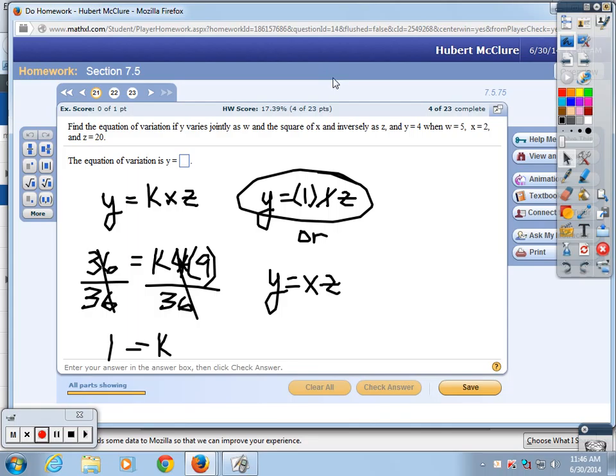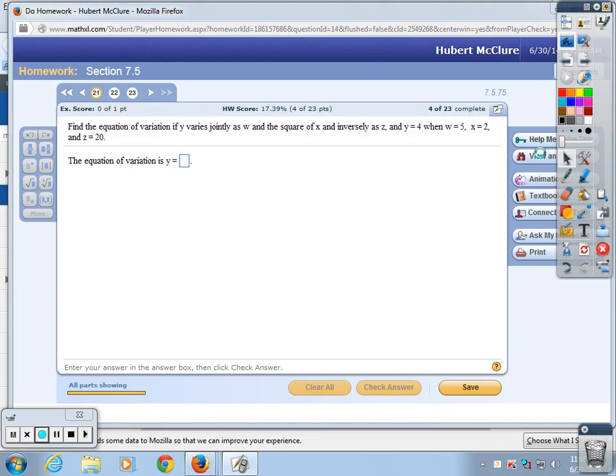All right, here is one that I want you to work on. I'll blow it up. And this is a part 1, 2, and 3, I think. I don't know, maybe just part 1. Jointly and inversely. So it's going to use 2 of your equations. On that one that we just did, where it's y equals k x w, k ended up equal to 1. So you're going to end up putting y equals x w.